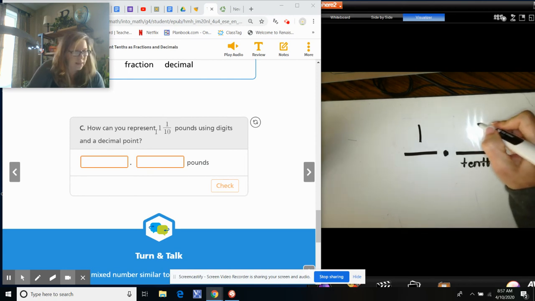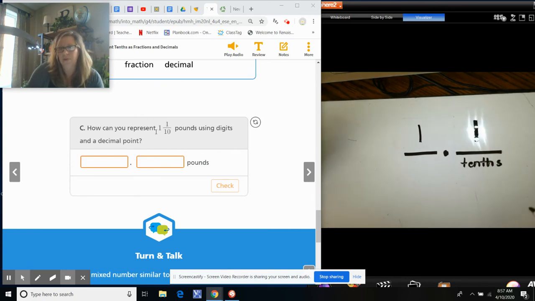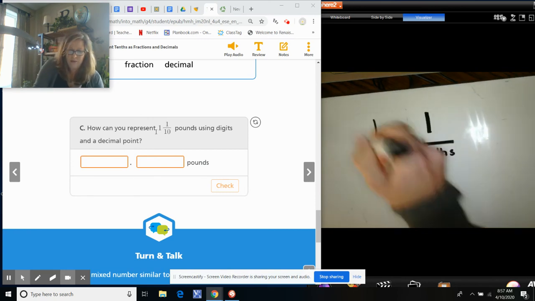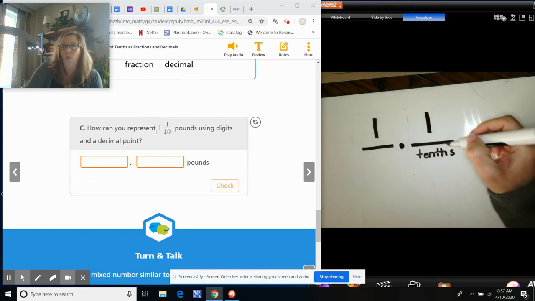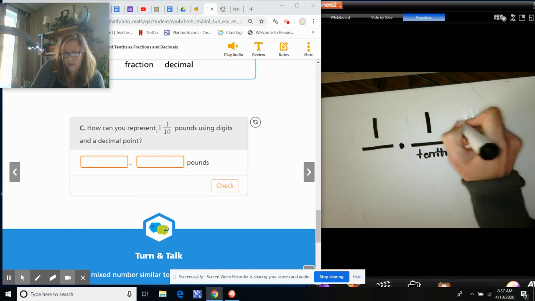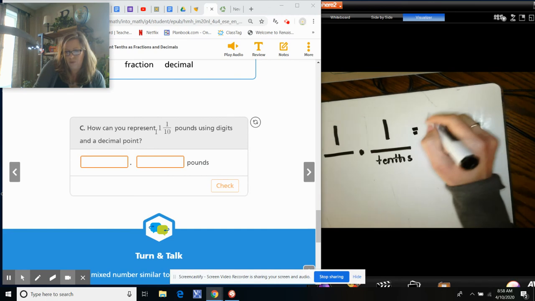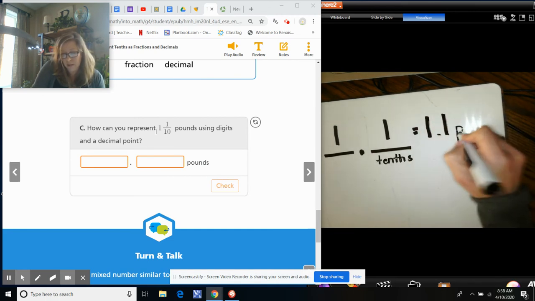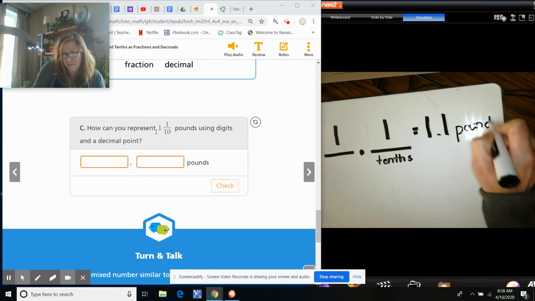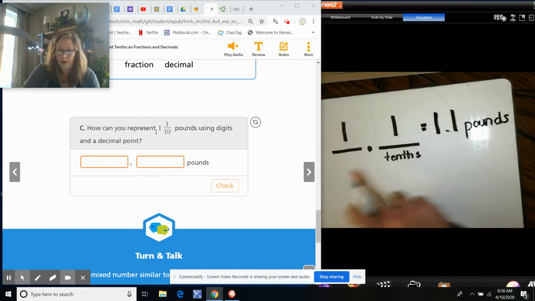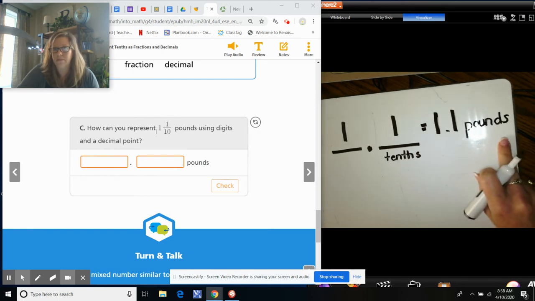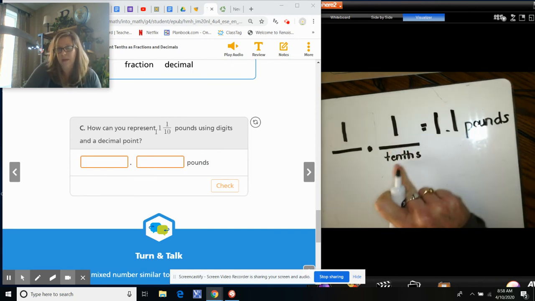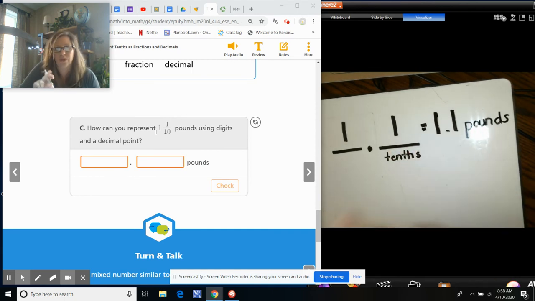So you're going to put a 1 right in that place. So a 1 whole and 1/10. This is what it looks like when you write it in decimal form, 1.1. And in this case, your label is pounds. So 1.1 pounds. If that was 1 and 2/10, then the number in the tenths position would be a 2, because it was talking about 2 out of the 10.